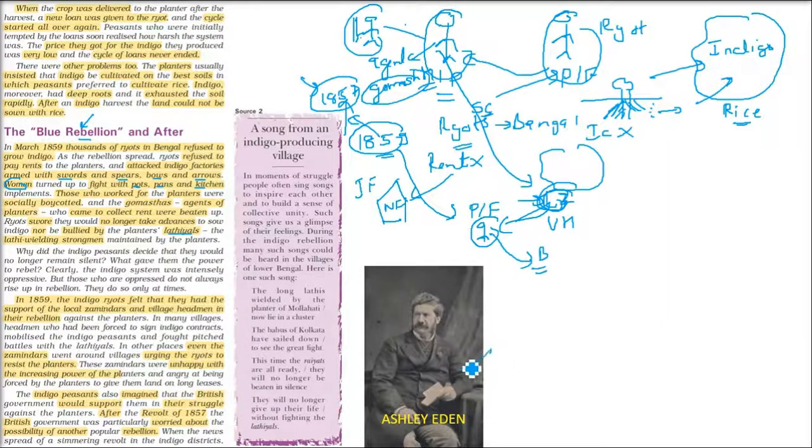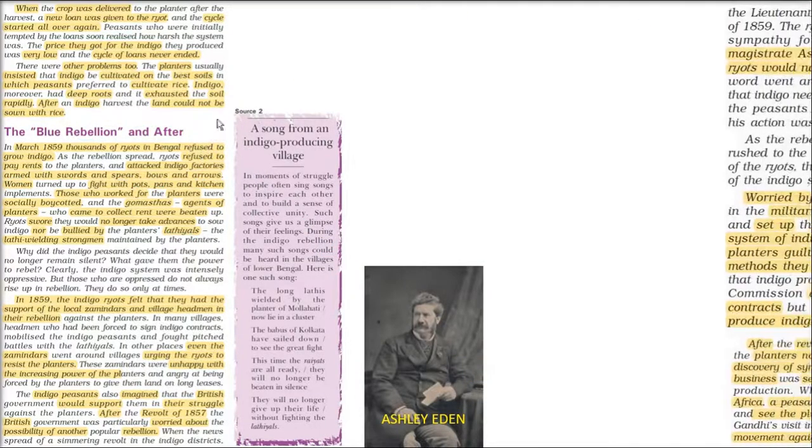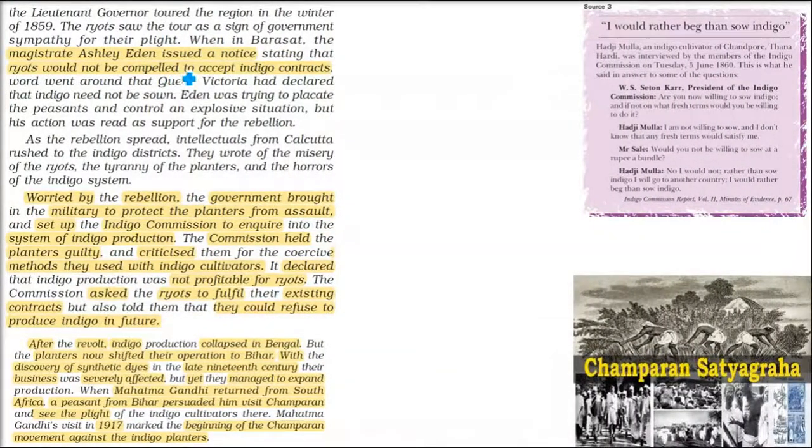So what happened? See here, he is Ashley Eden. All these things were happening. Government sent some people to the land, and everyone saw the situation. And finally, in Barasat, Magistrate Ashley Eden actually issued a notice, a kind of direction.